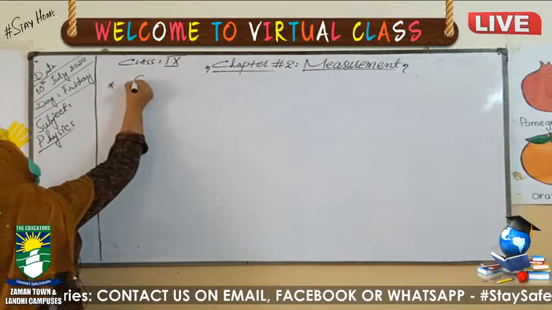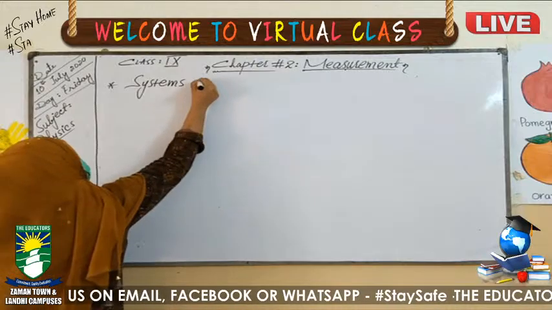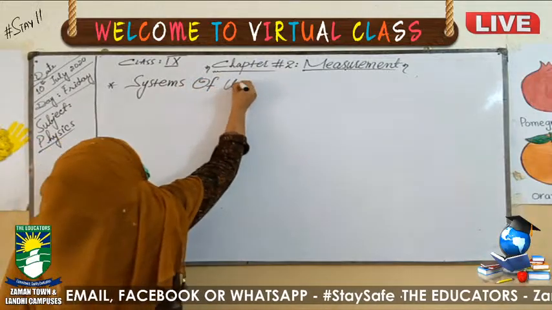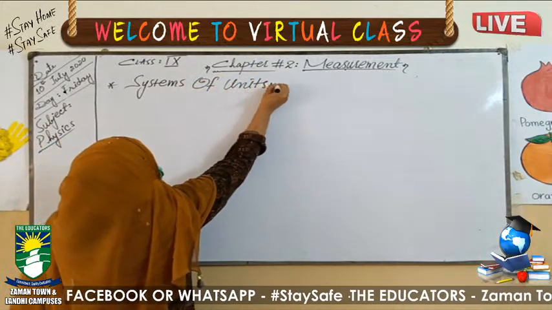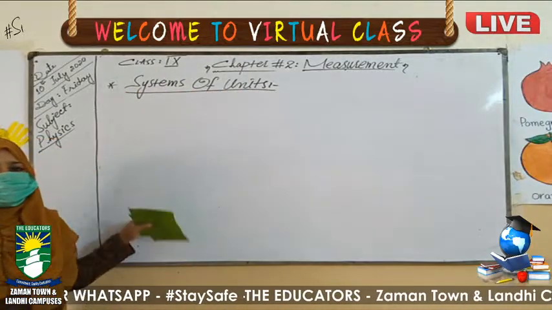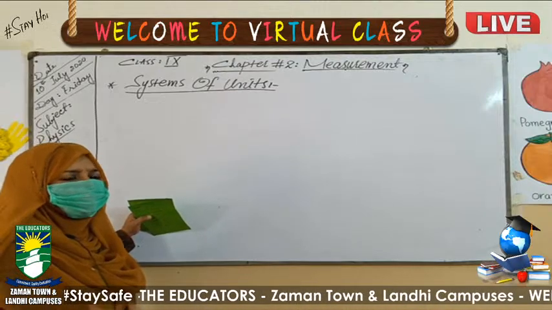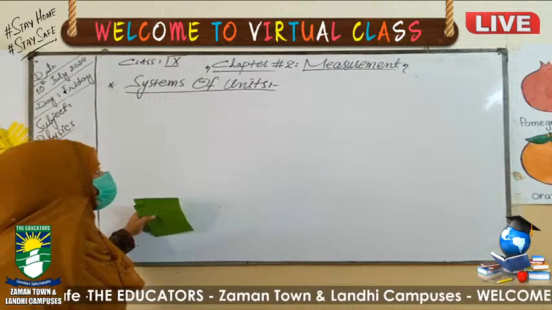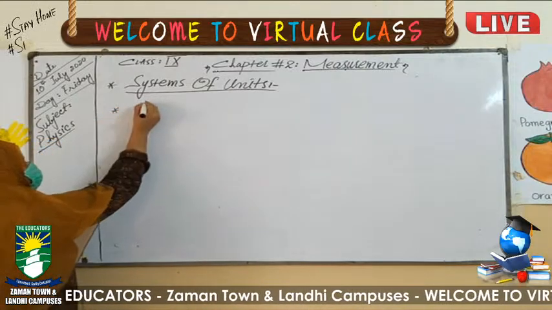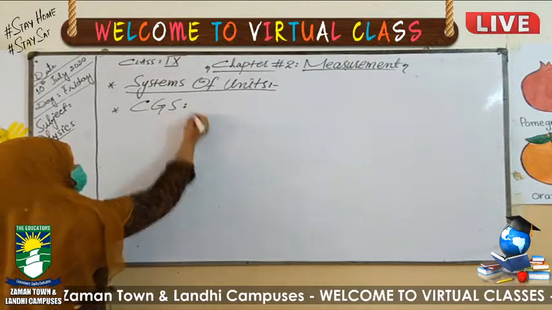Now we have the next topic, that is systems of unit. It means how many systems have been introduced to show the units of particular quantities. We have three systems of unit. First one is the CGS system.